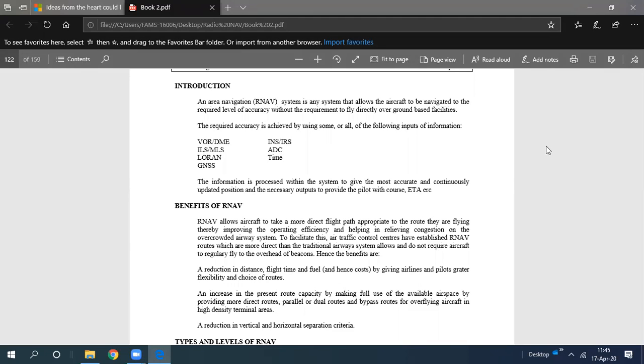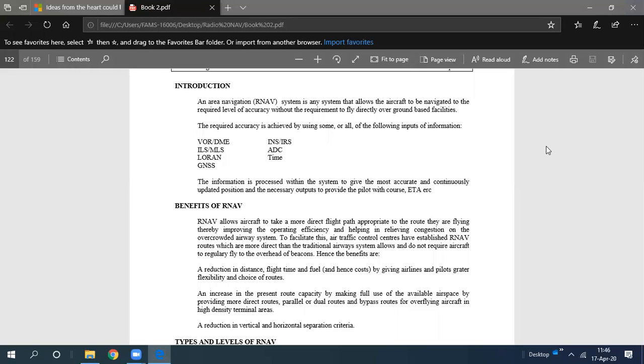You go over the particular reporting point, thereafter turn the aircraft, etc. So this system, area navigation or RNAV, was basically introduced to reduce the congestion on this traffic, because the intensity of the traffic started increasing gradually and we needed more space. So the airspace which was not being utilized earlier, we started utilizing with the introduction of RNAV.